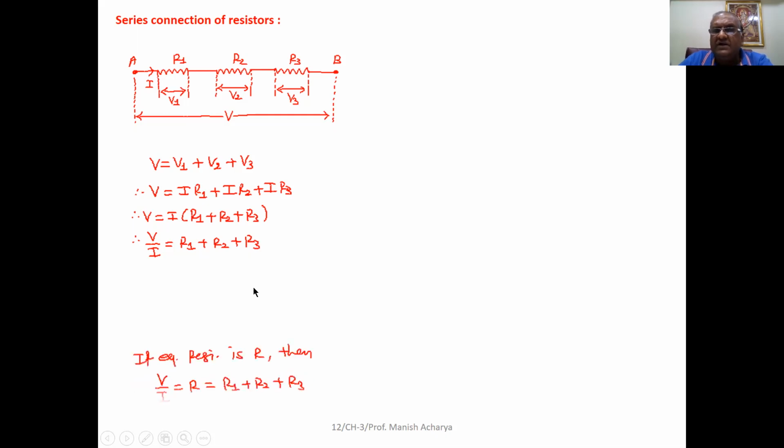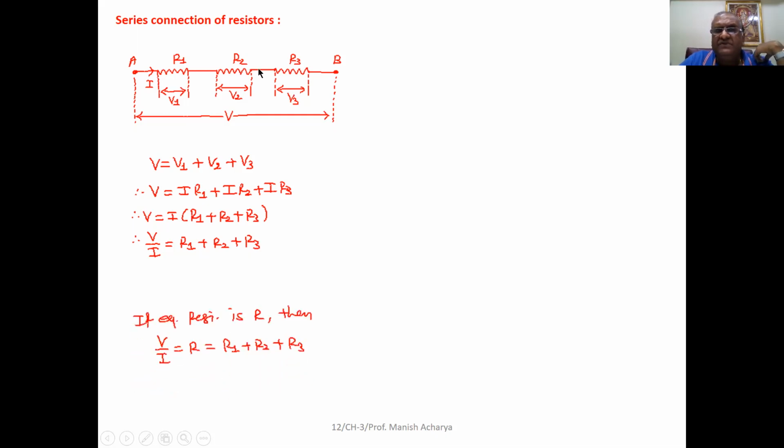Now suppose the equivalent resistance of this combination is R. Then we can write V by I equal to R, that is R1 plus R2 plus R3. Equivalent resistance means what?